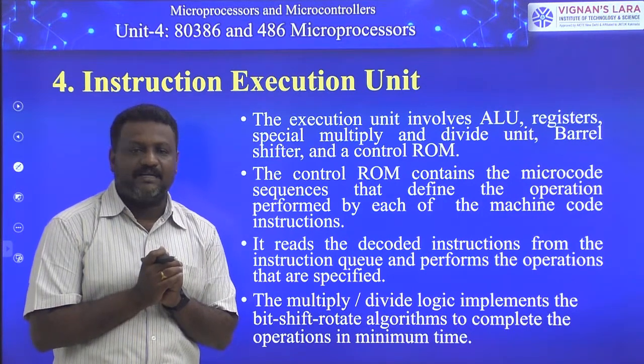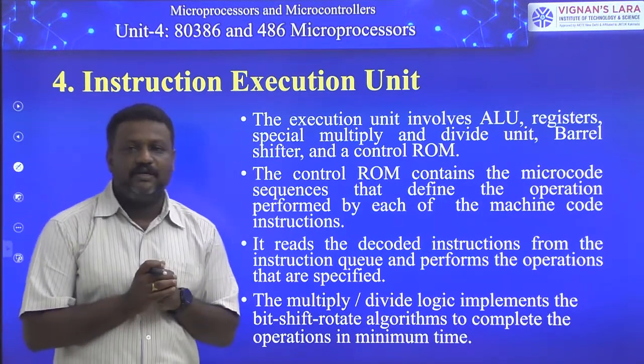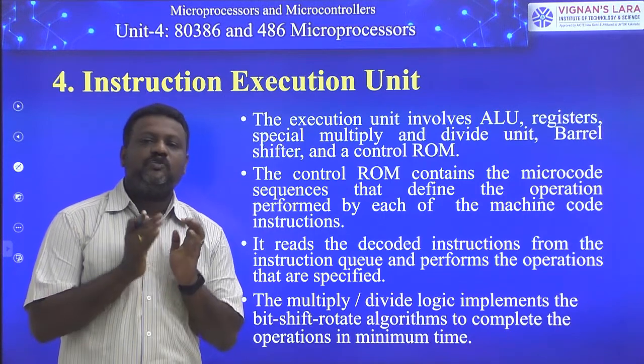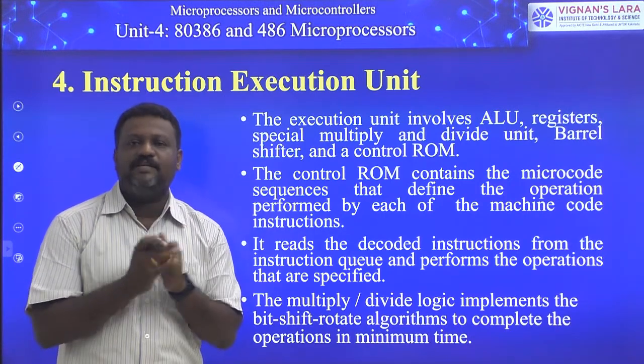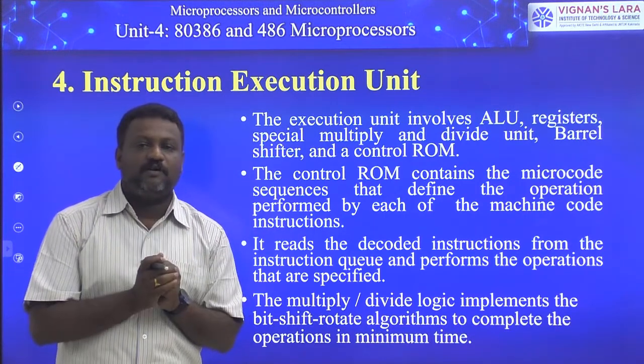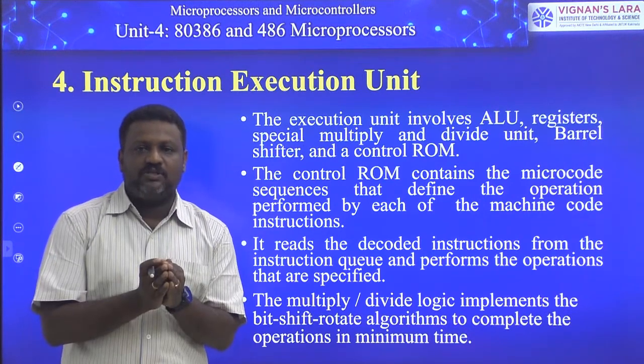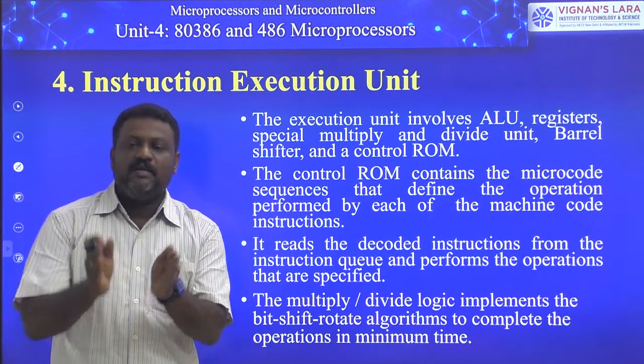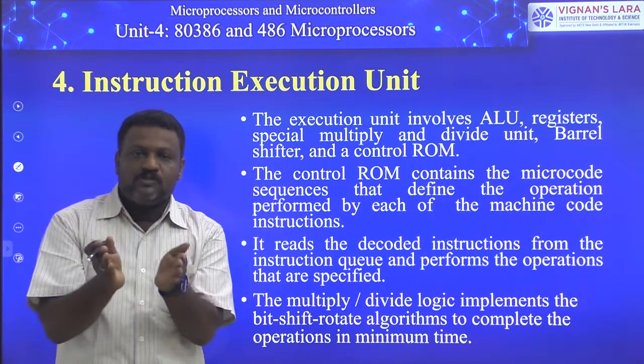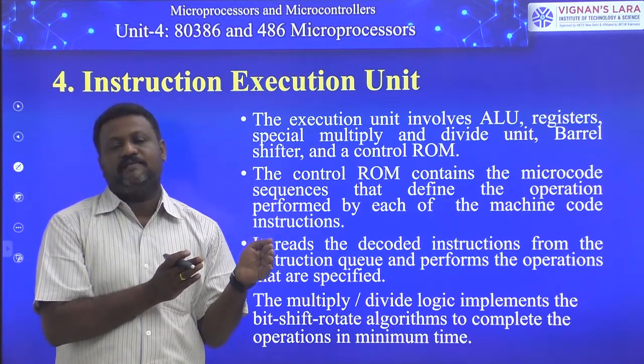And next, coming to the fourth part of your architecture, which is the instruction execution unit. This instruction execution unit gets the instruction from the queue of our instruction decode unit. So the instructions we decoded in the instruction decoding unit are executed in the execution unit.